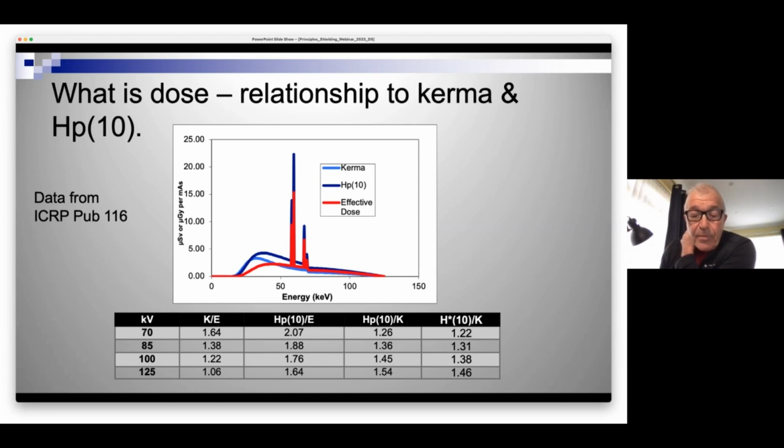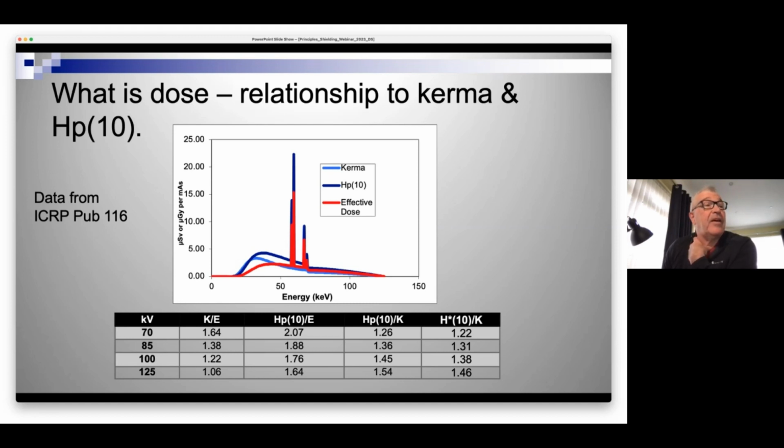So when we started thinking about shielding, we wondered what the relationship was between kerma, HP10, E, H*10, etc. Using the coefficients in ICRP publication 116, we were able to identify how kerma at X-ray energies, so Bremsstrahlung spectrum up to about 120 kV, related to E, HP10, and H*10.